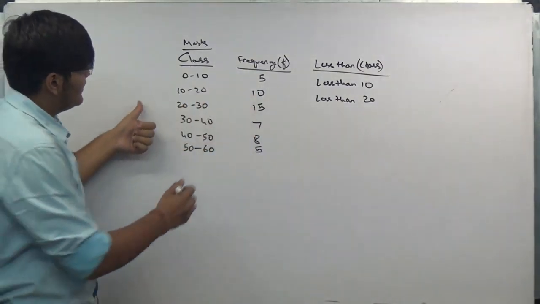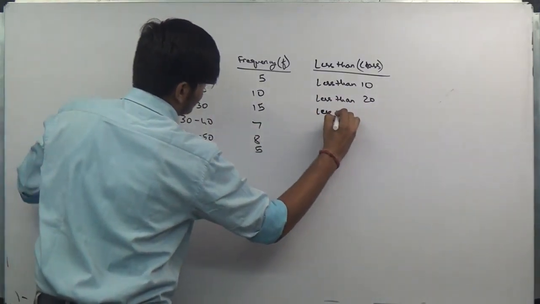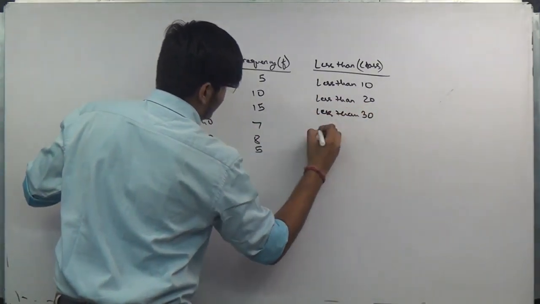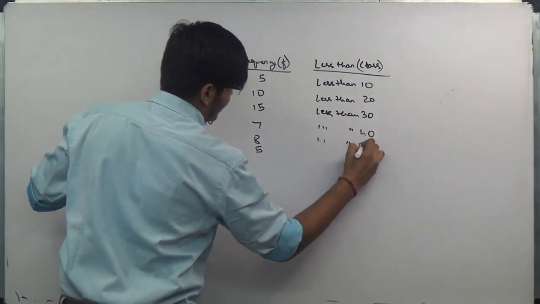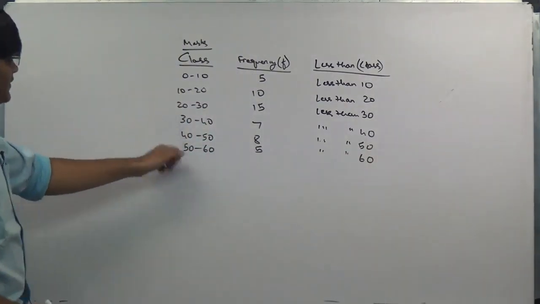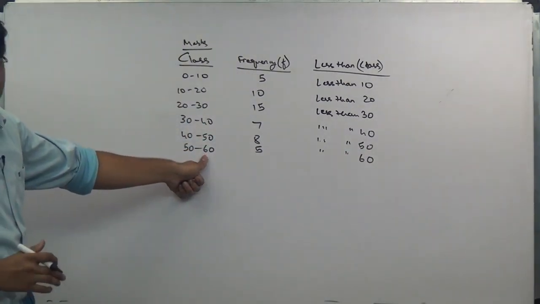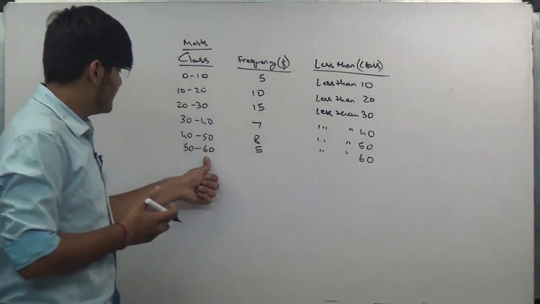Clear? Now here less than 20, next less than 30, less than 40, less than 50, less than 60. This was the highest limit. Nobody has scored more than 60, so there is no question of more than 60 here.